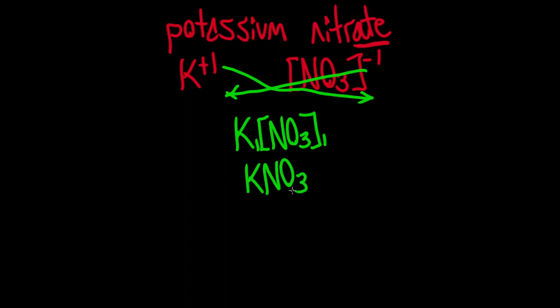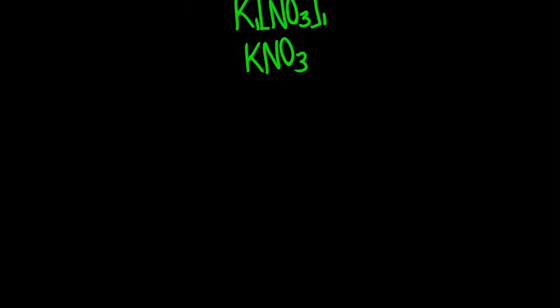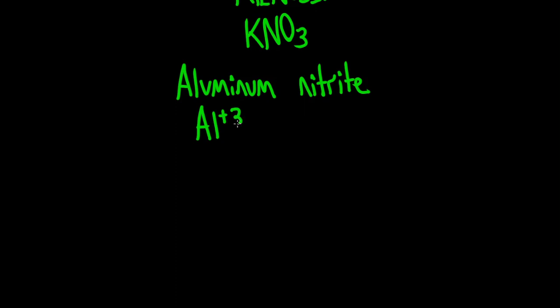Easy as that. So let's move on to another one where I have aluminum nitrite. Al +3, and I have my nitrite. Since it's not an ate, it's not going to be my base state, but I look at my table and I see that ite indicates that I have one less oxygen than my base state.